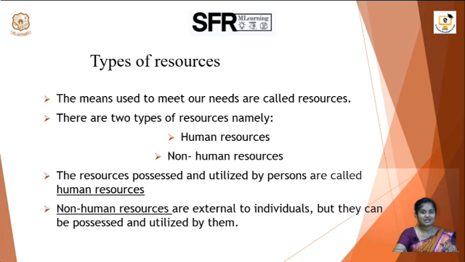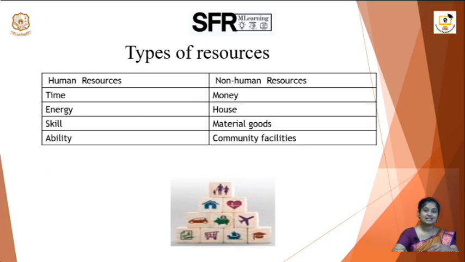Those are called human resources, whereas non-human resources are completely external to the individual. They are not from the individual, whereas human resources are possessed and utilized by the individual. Non-human resources are external to the individual, and are utilized by them to achieve the goals.